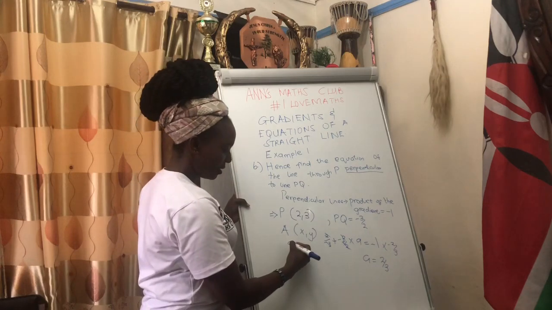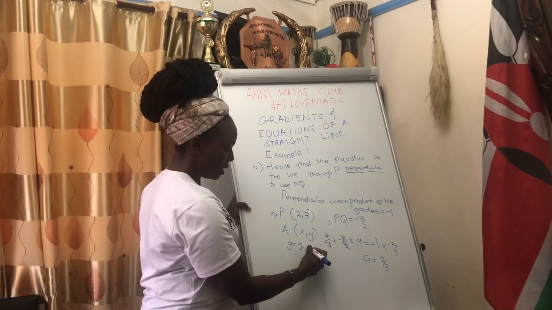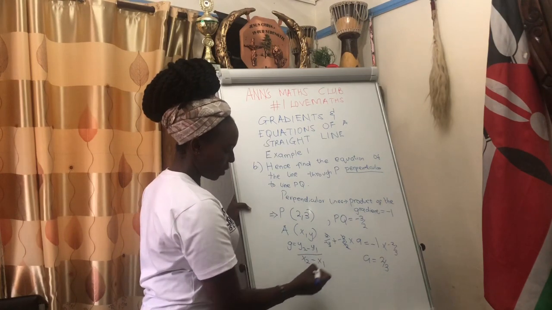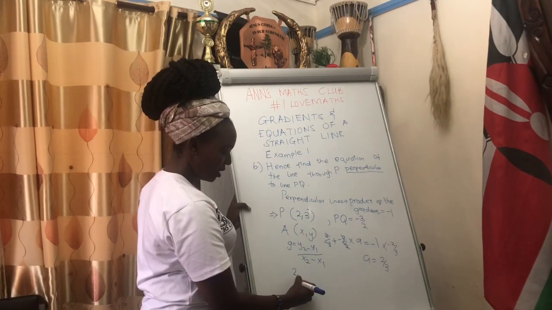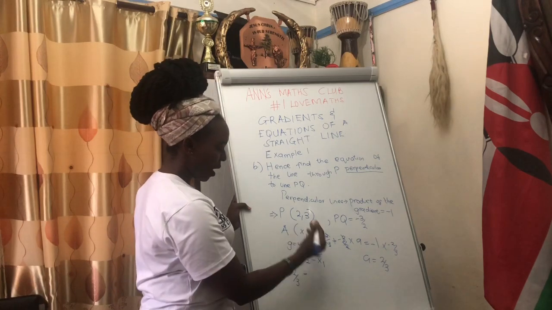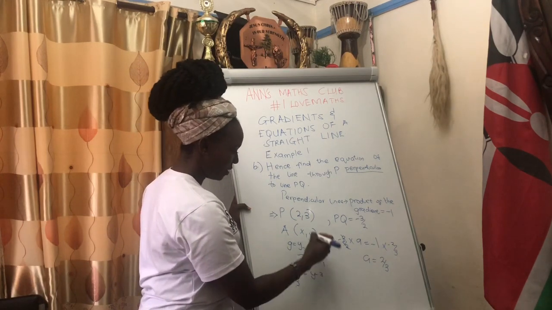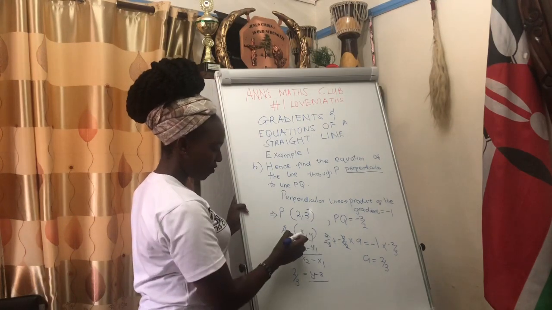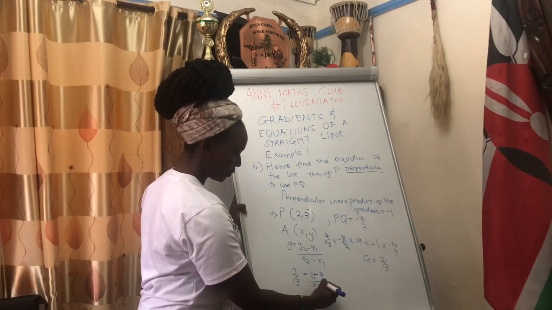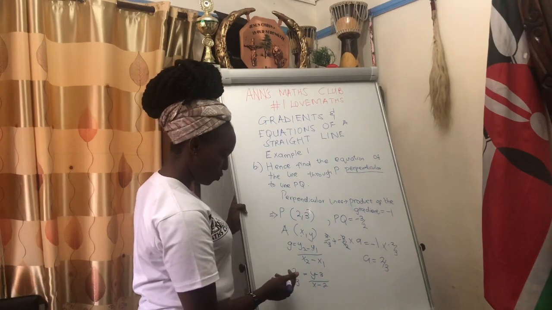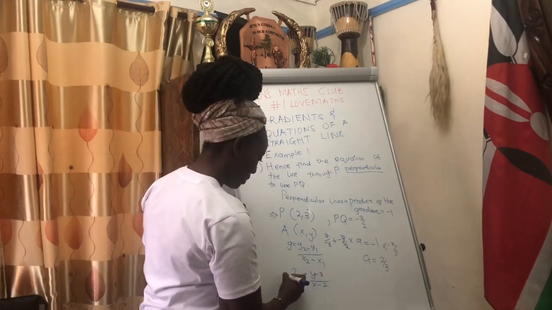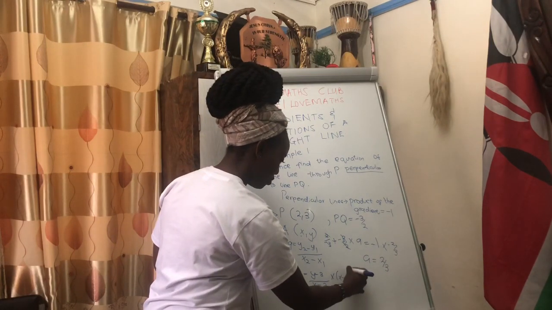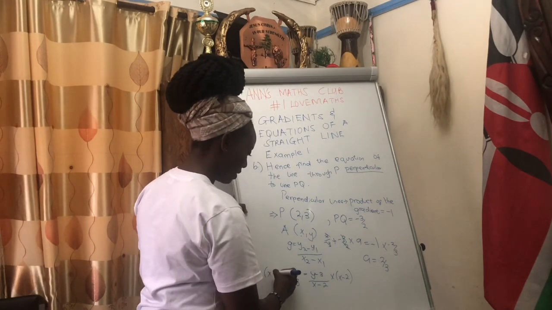So you'll come here and say gradient is equal to y2 minus y1 over x2 minus x1. The gradient is 2 over 3, is equal to y minus 3 over x minus 2. So you multiply both sides by x minus 2.